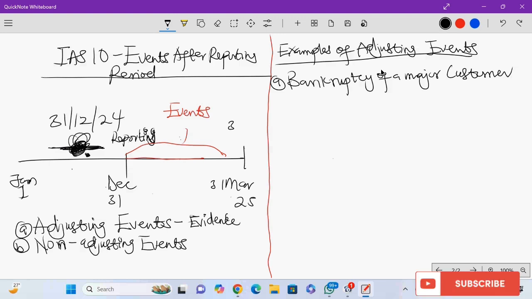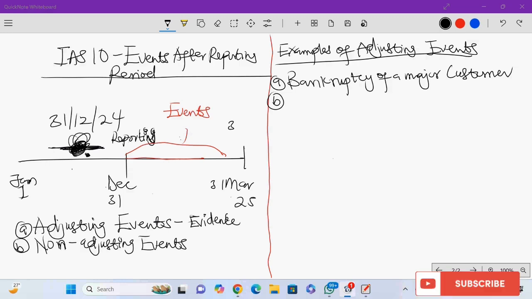So you see that there is some evidence, some condition existed earlier, and that is telling us that this event is an adjusting event. Do you understand? Yes. All right. So that is the first example.